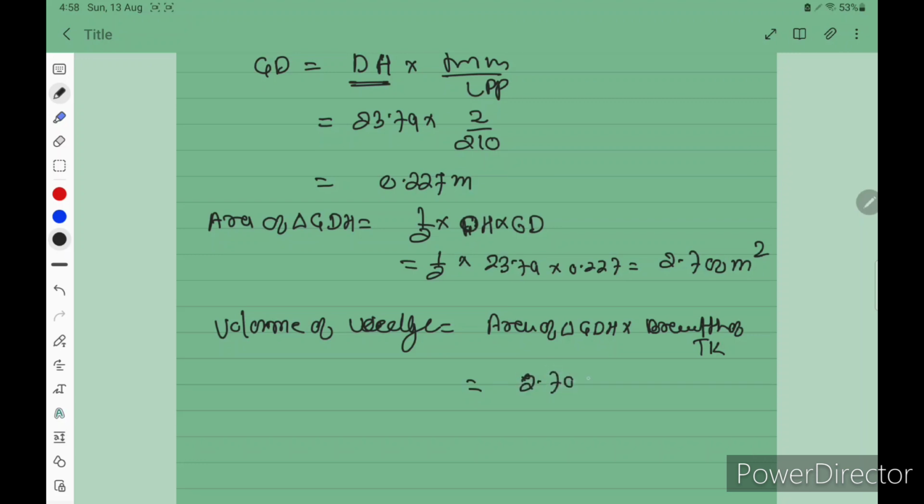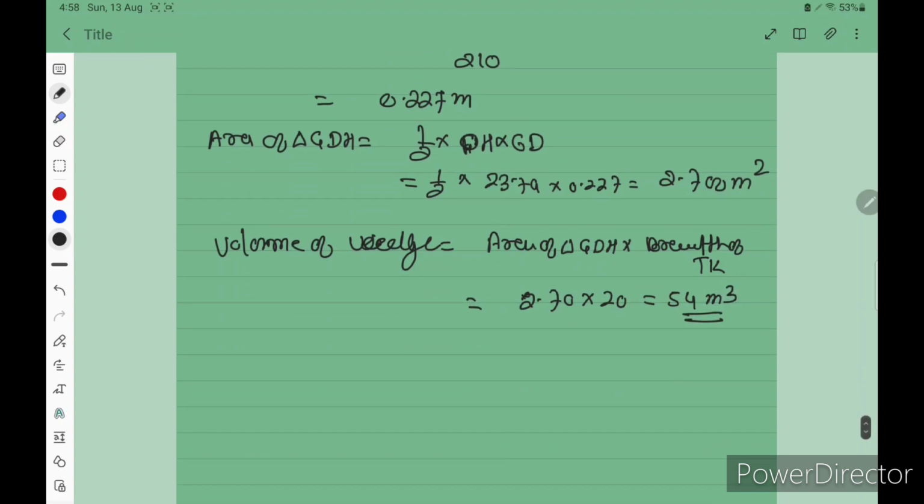So 2.70 into 20, so 54 meter cube is your water cut. Okay, so we remove it from the total volume. So total volume of oil and water mixture is 7671.6 meter cube.